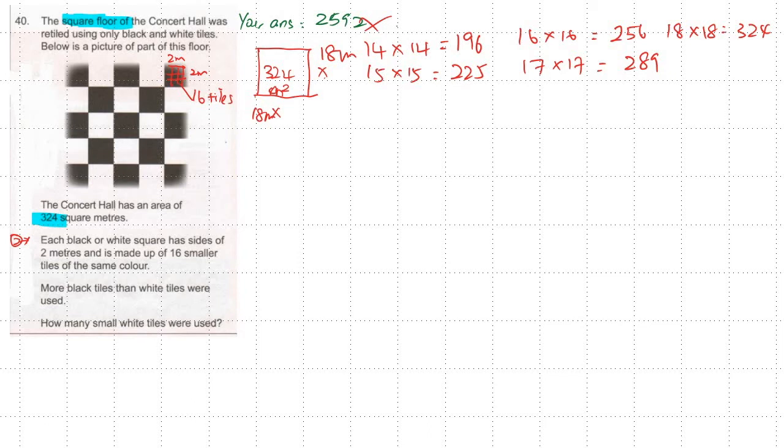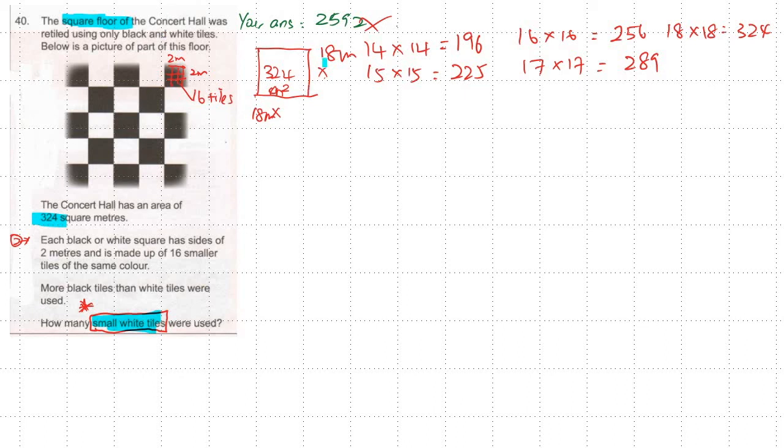Now it's asking you for the number of small white tiles. It's asking about the tiles, not about the squares. Look at the question properly.